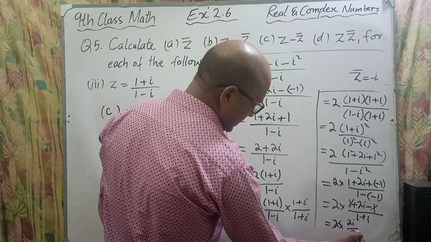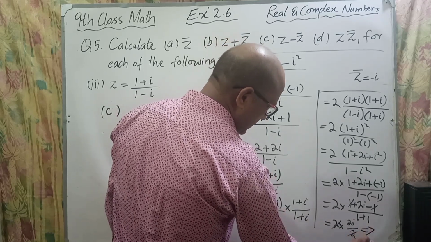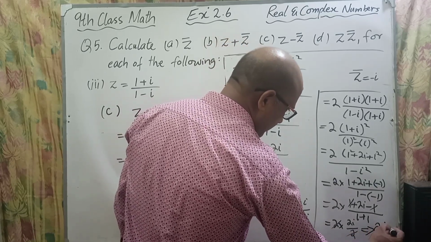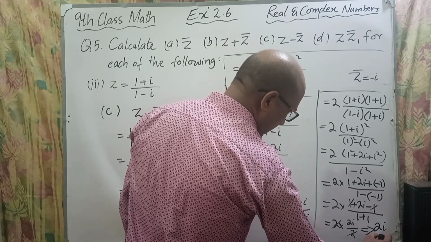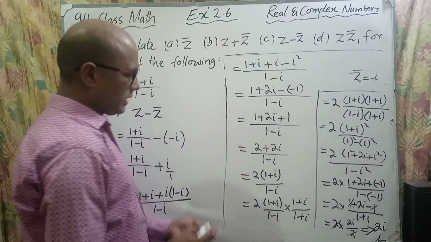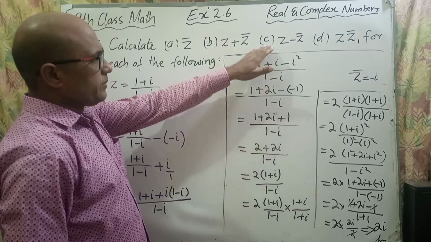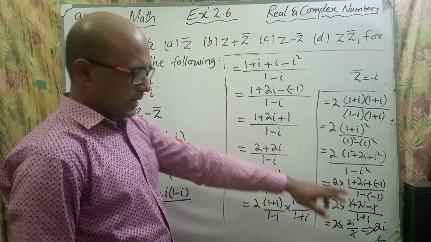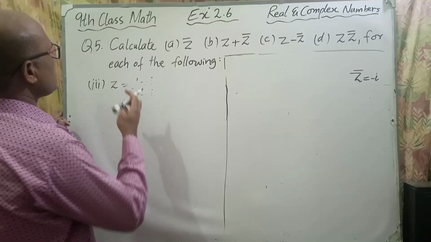These two will be cancelled and we'll get 2 iota as our answer. So the answer of the C part is 2 iota.